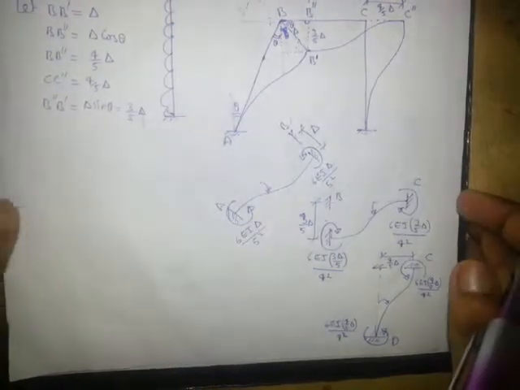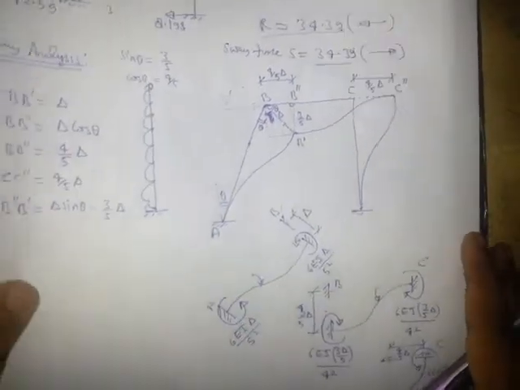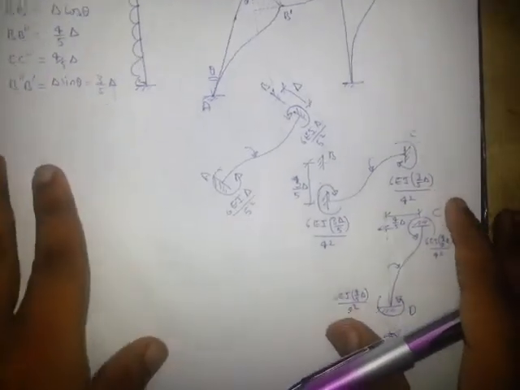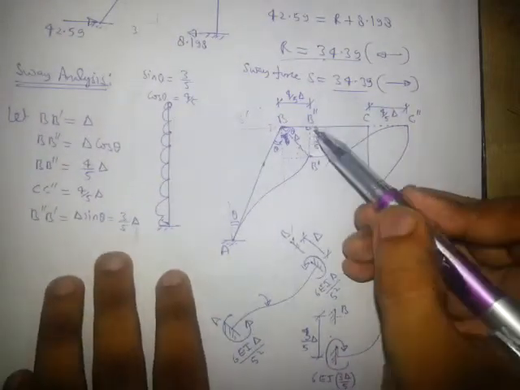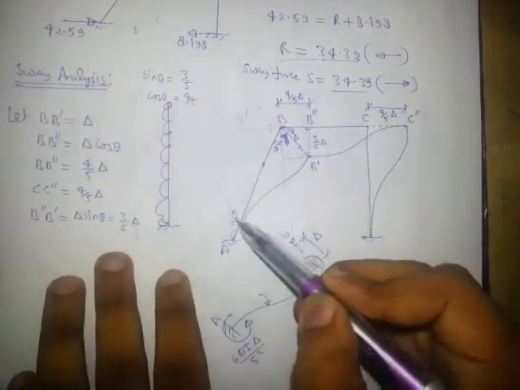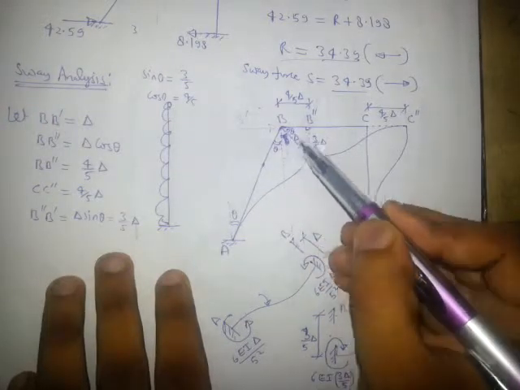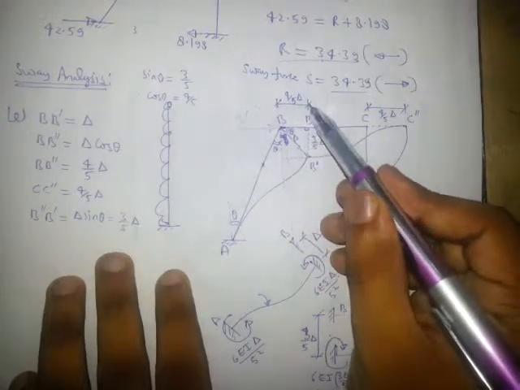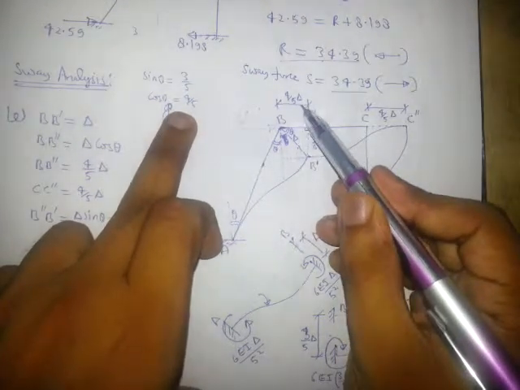So now we can calculate this is delta. I told you, if this is delta, let us suppose this angle is theta, so this will be delta cos theta, where cos theta is 4 by 5, so this will be 4 by 5 delta.